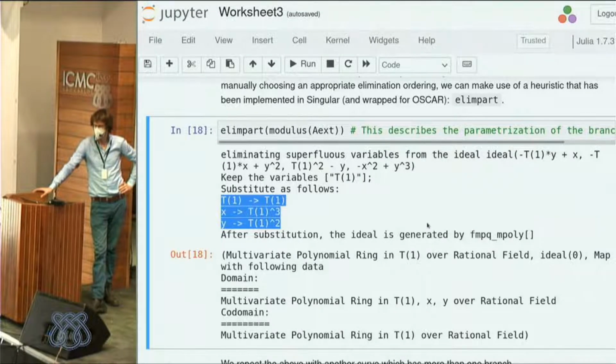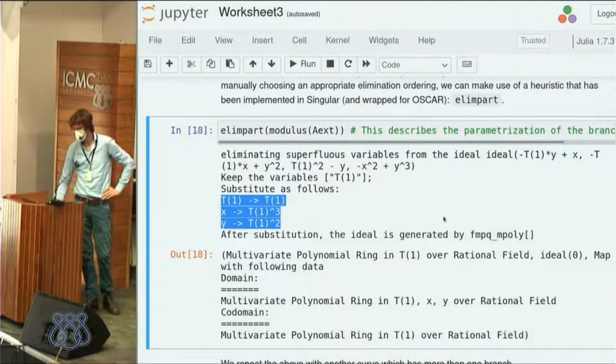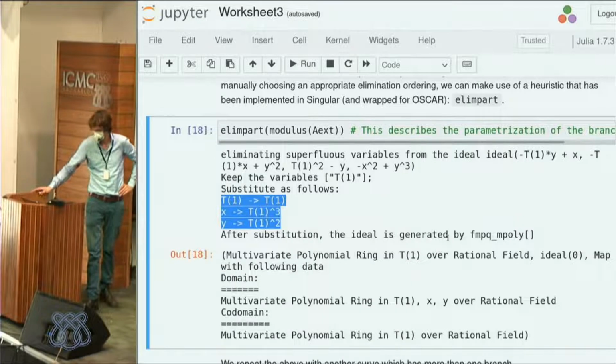It only considers the linear substitutions, nothing else. So it's not a true elimination command. You cannot count on it to do proper elimination, or to do the same job as the elimination orderings. You can count on it to only do the linear eliminations.